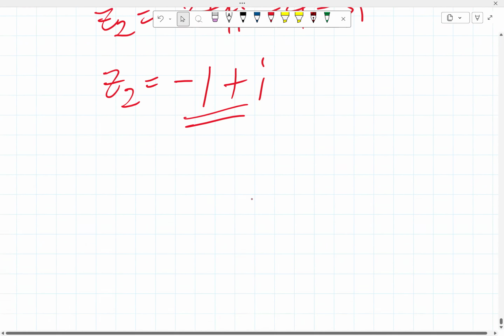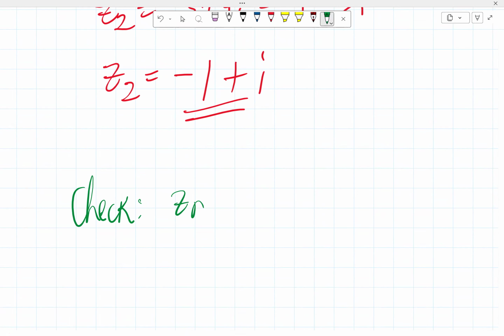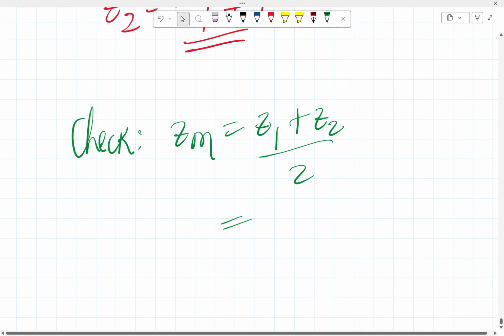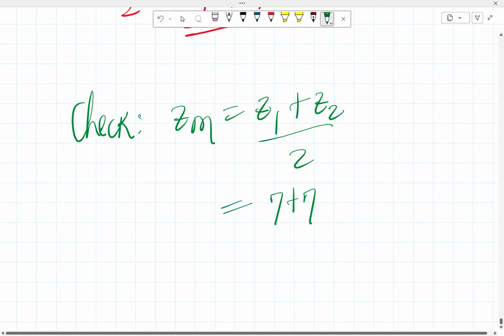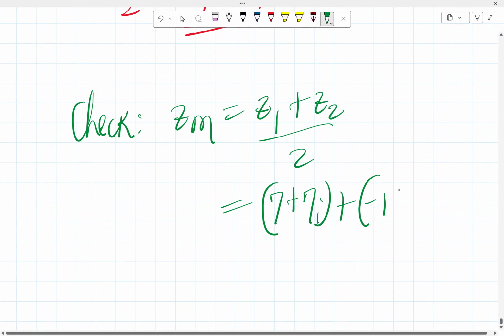Can we check to be sure it's correct? So we check zm is equal to z1 plus z2 over 2. So z1 is 7 plus 7i, plus z2, minus 1 plus i, all over 2.